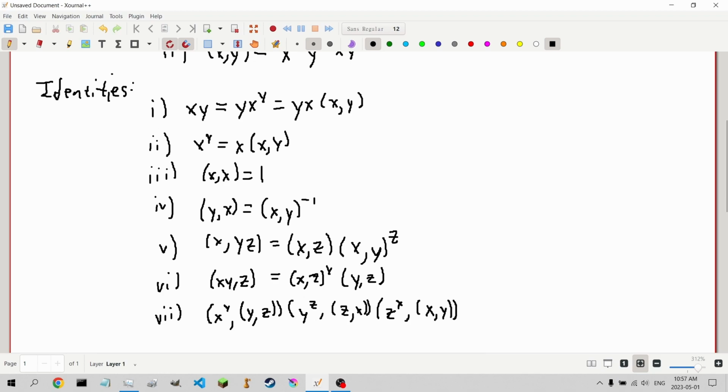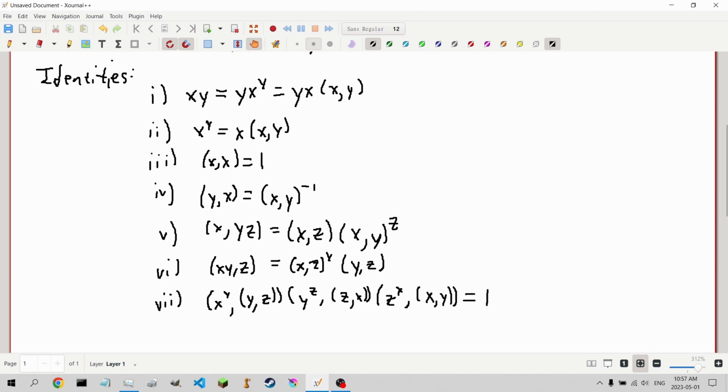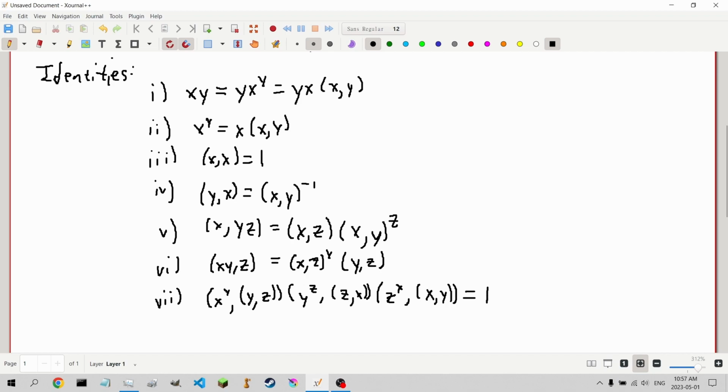And this is, of course, going to be equal to 1, which is our group identity. As opposed to the normal Jacobi identity, where you get 0, which is the additive identity for an algebra.